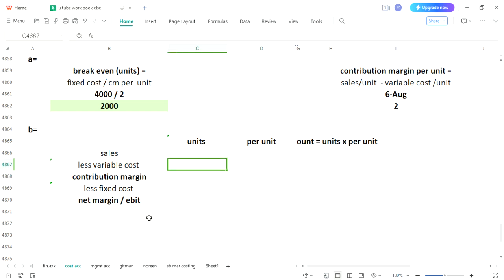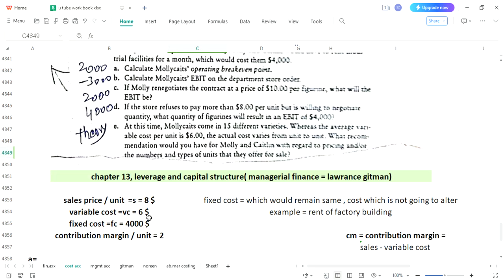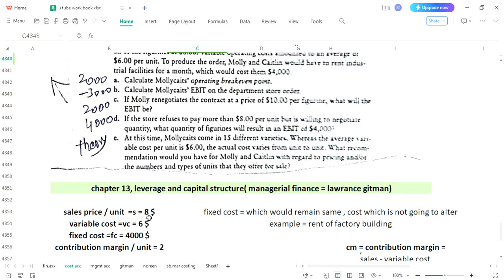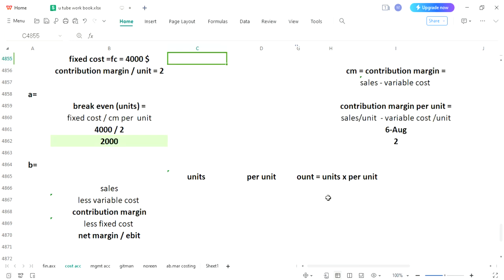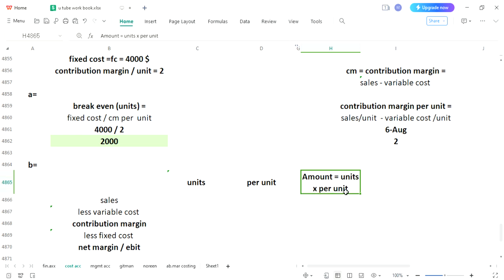Here we will write the number of units. So let's go back to the question, and you can see that in the question it has been said 1500 units of various designs would be sold for $10,000. So the 10,000 total amount has already been mentioned. We don't have to calculate it. Otherwise we would need to multiply units and per unit.